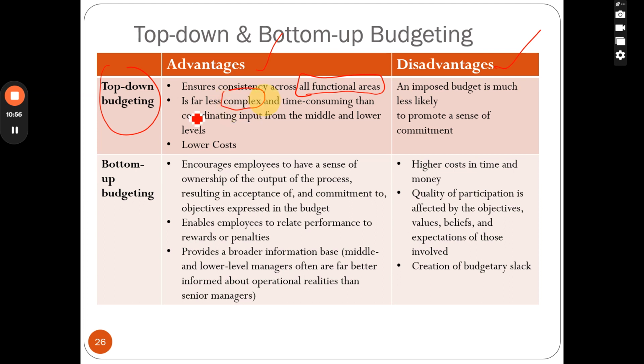This is less complex and less time consuming because they are not waiting for coordinating with low level management and getting their input. So it is less time consuming and because of that it is going to cost you less. So that's top down budgeting and its advantages.